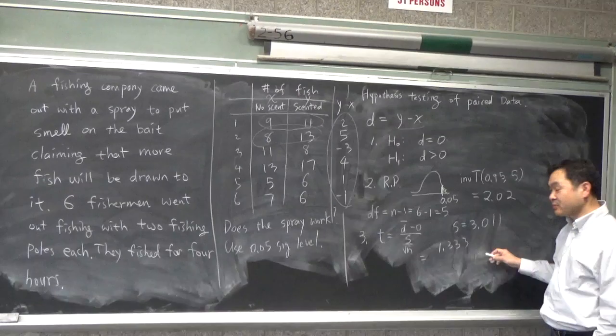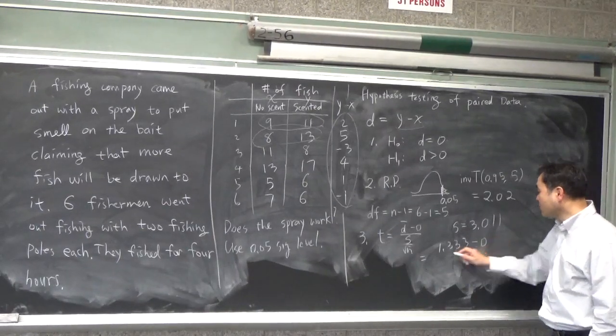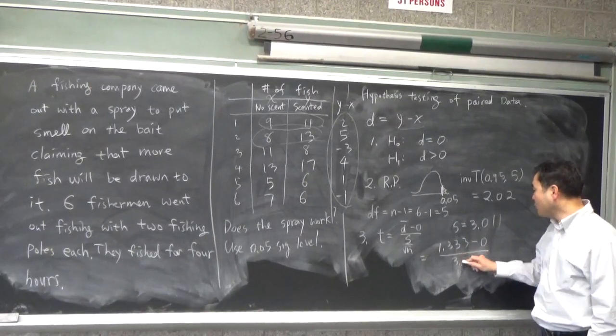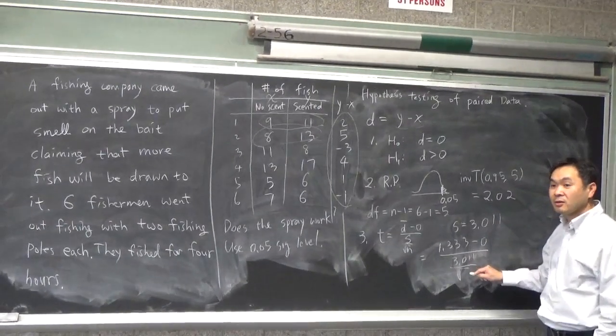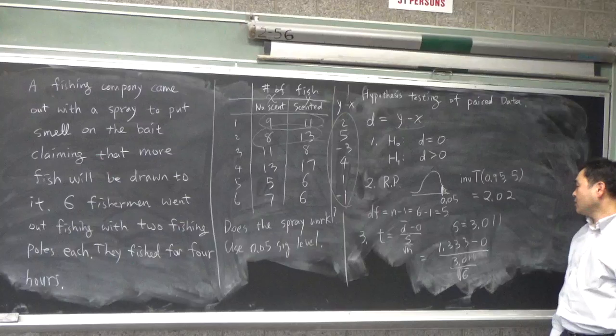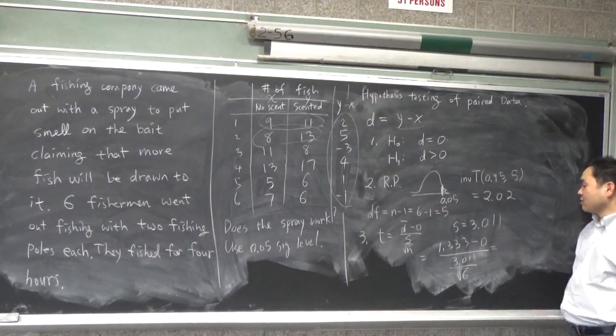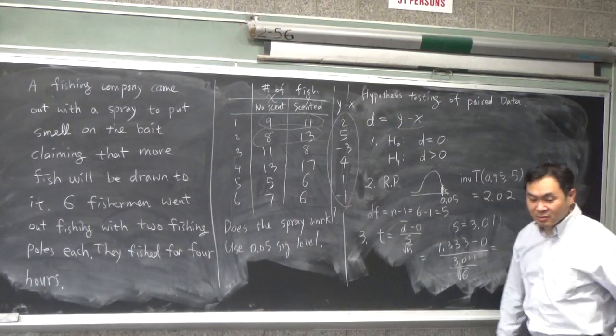Minus 0 divided by 3.011 divided by square root of 6. Okay? So that's the value that you have to calculate. All right, so what's that?